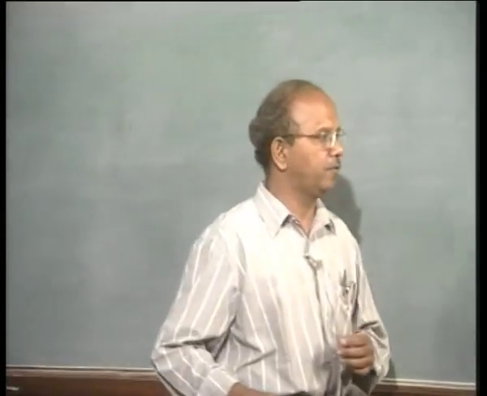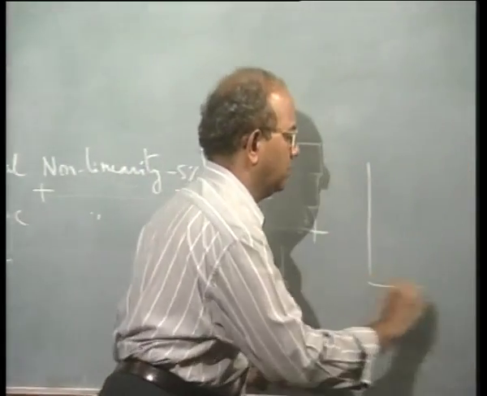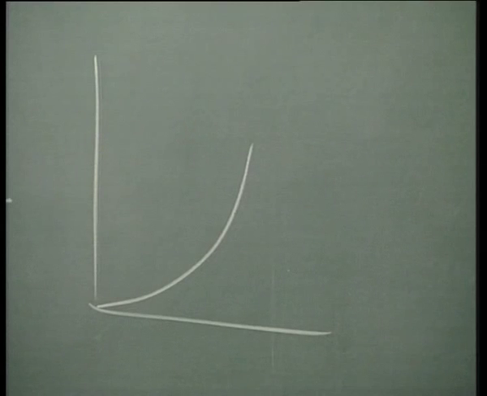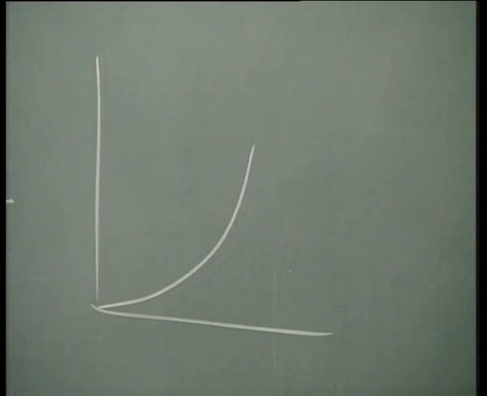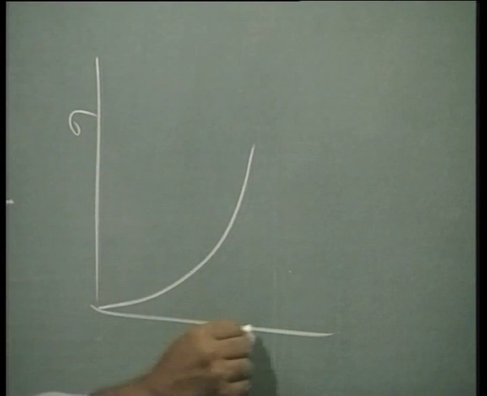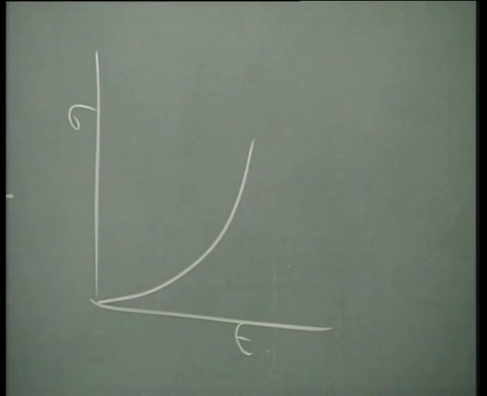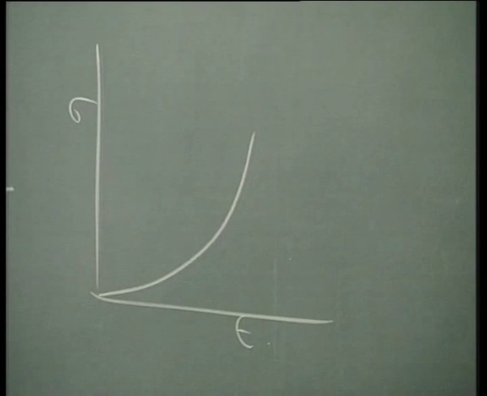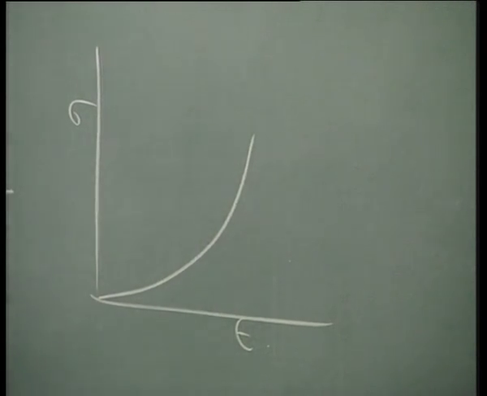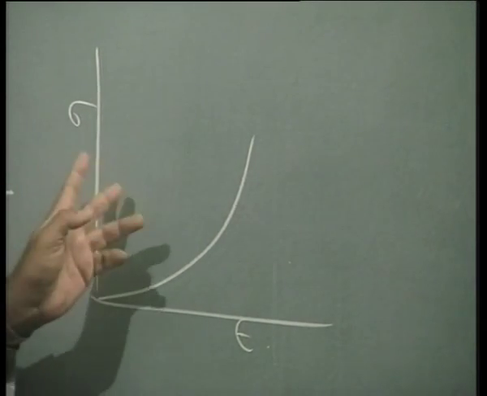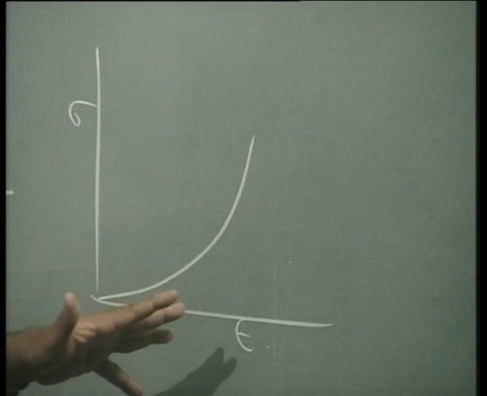The stress strain curve for rubber may go something like that, right. Of course, this is sigma and epsilon, and hence this rubber is also supposed to be materially nonlinear. There is nonlinearity in stress and strain.